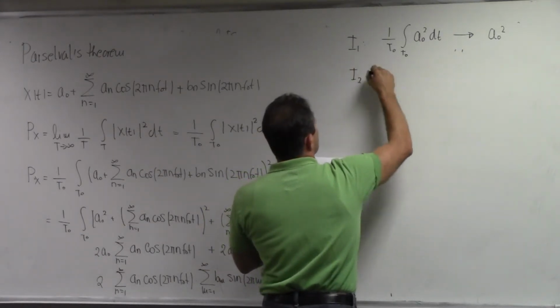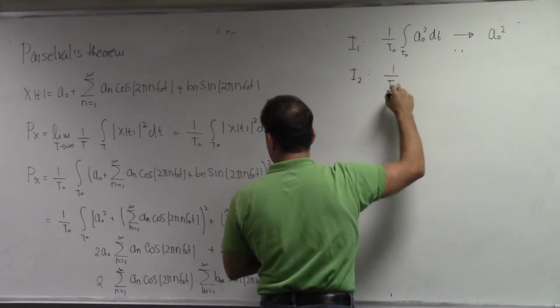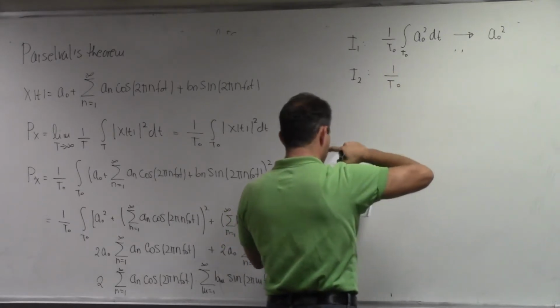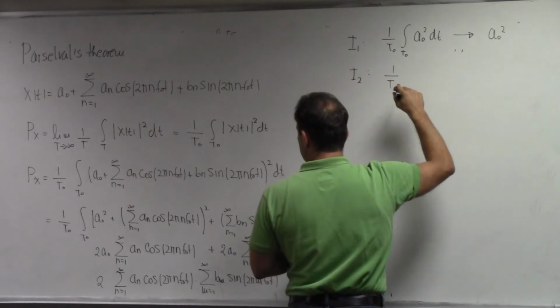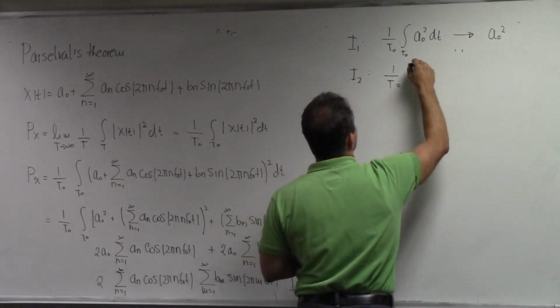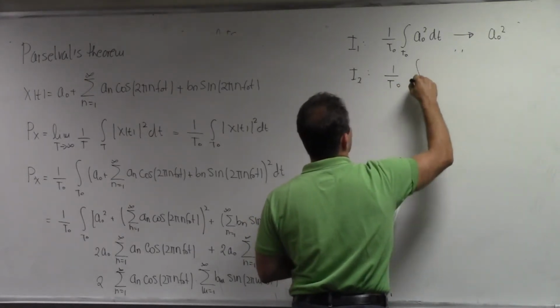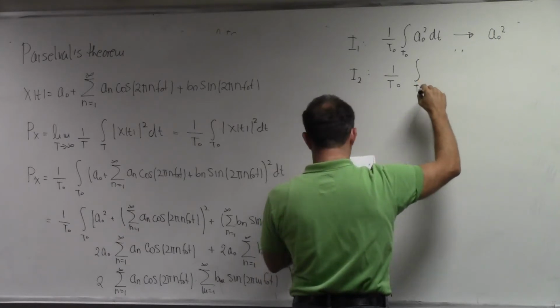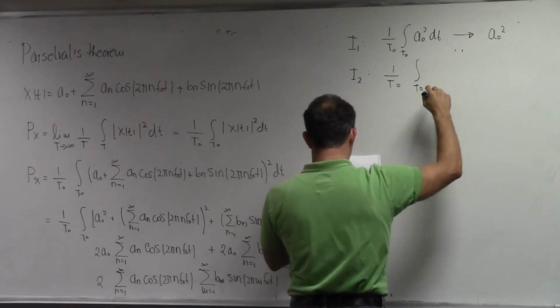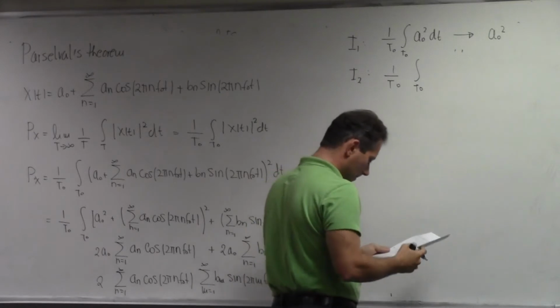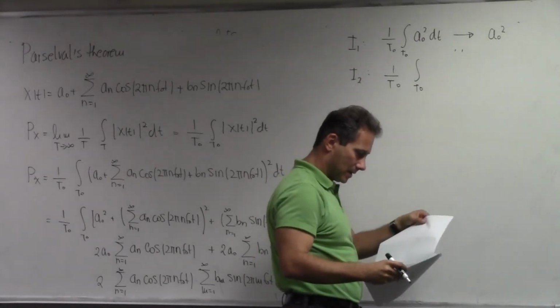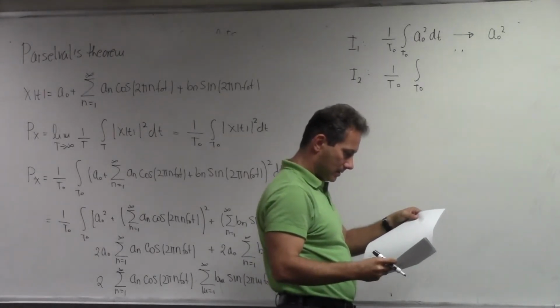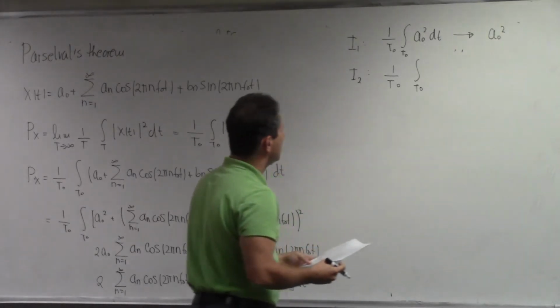I2 is going to be 1 over T0, integral over T0. Well, let me skip a little bit.